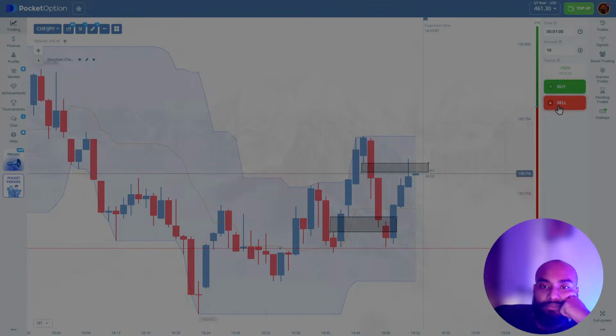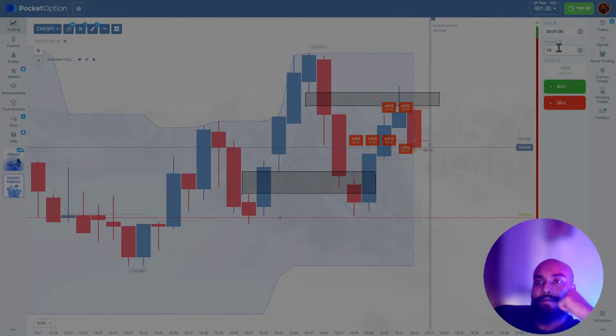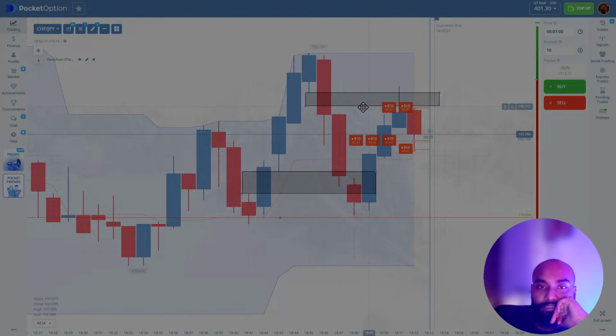So my next trade is going to fall down. Let's see. A little bit of loss from a late entry, but it should come to this level.